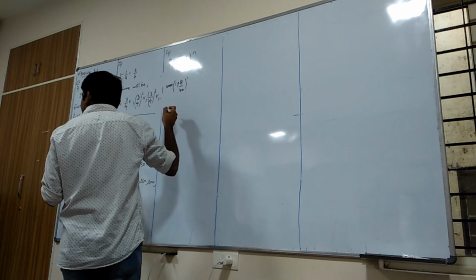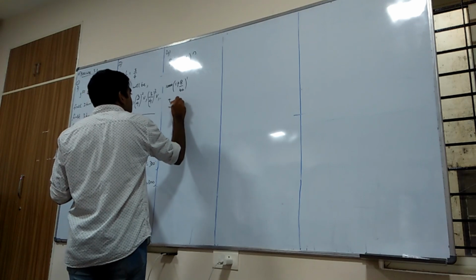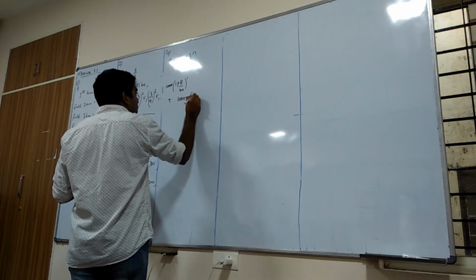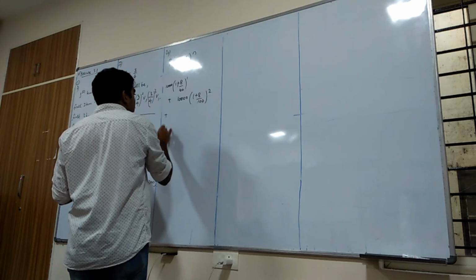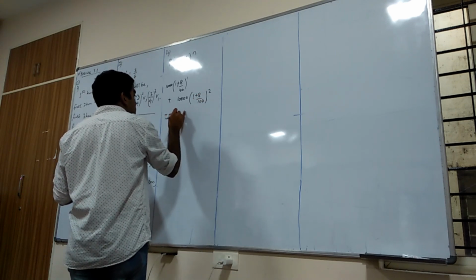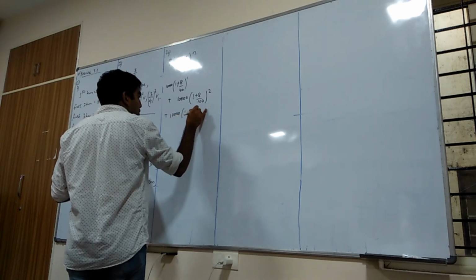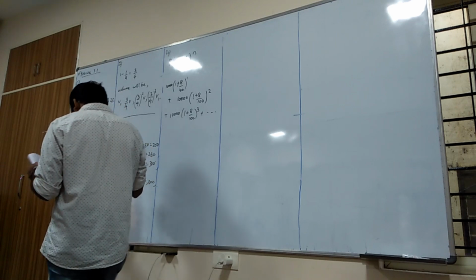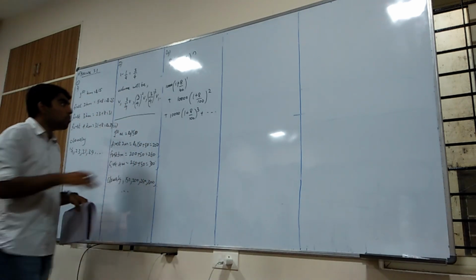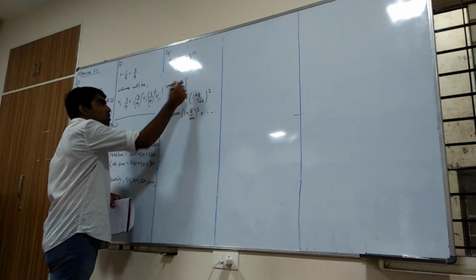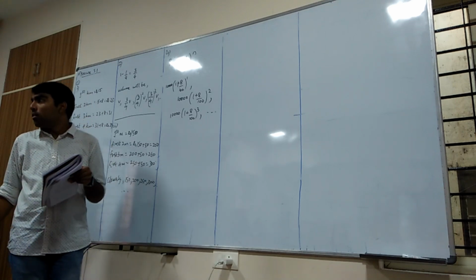First year is 10,000 into 1 plus 8 by 100 to the power of 2, then 10,000 into 1 plus 8 by 100 to the power of 3, and so on. No need for plus, put commas.